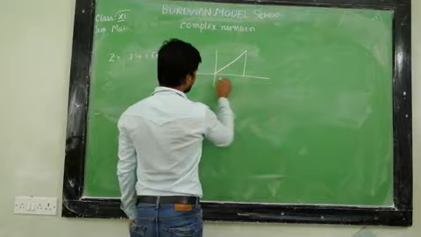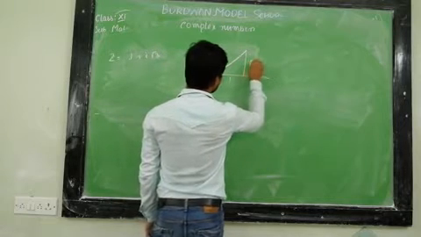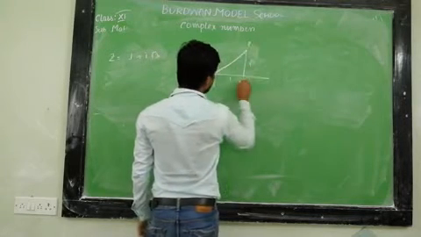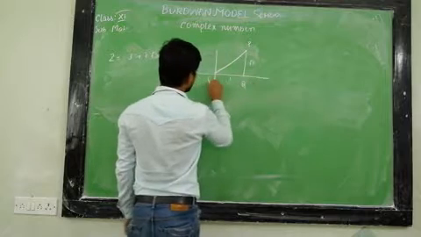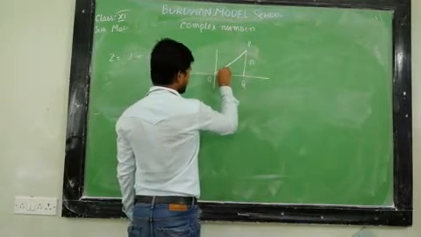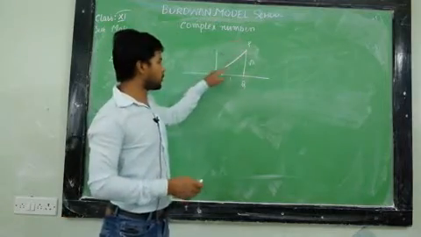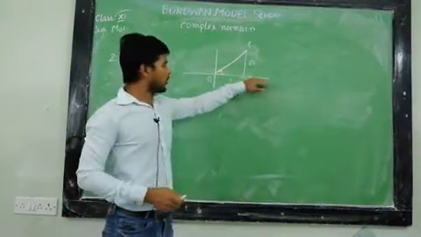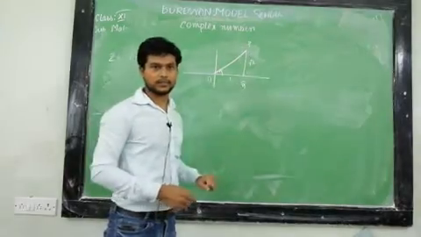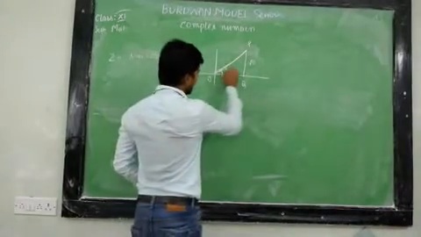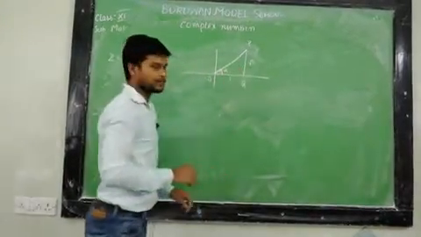This is 1 and this is √3. Let this point be P, and this point O. This is the angle made by the line joining the point P to O with the positive direction of the x-axis. Let the angle be alpha.